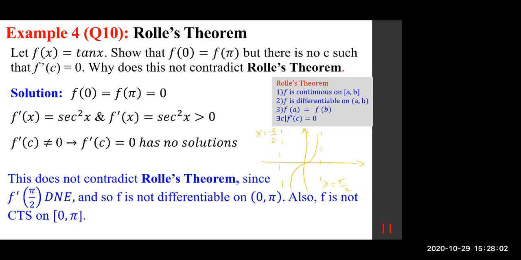The fact that it is not continuous from 0 to pi, because if you continue, by the way, this is one complete cycle. If you go to the next cycle, it looks like this. Okay. So it's not continuous from 0 to pi. That's why. You don't even have to go with the rest of it. So it doesn't contradict Rolle's theorem. All right.